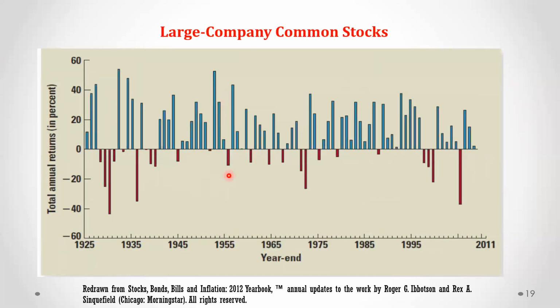So up and down becomes bigger and bigger for large company. And the realized return is also larger for large company stock compared to bond.